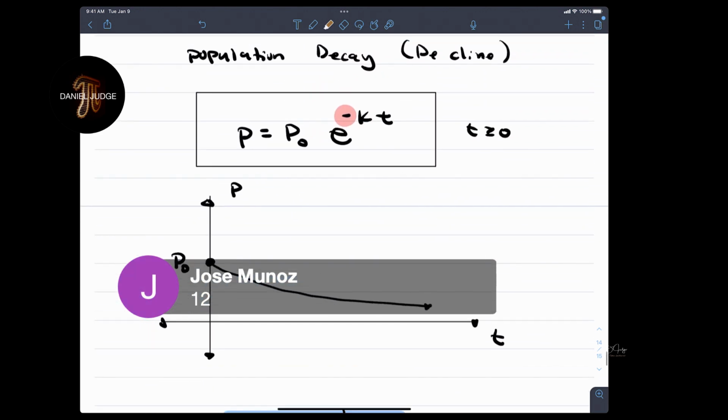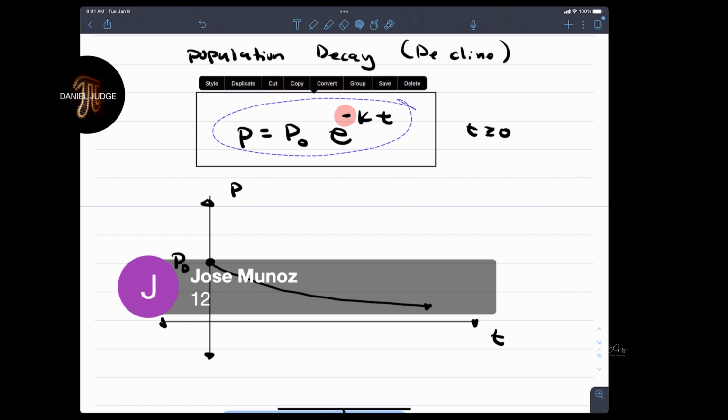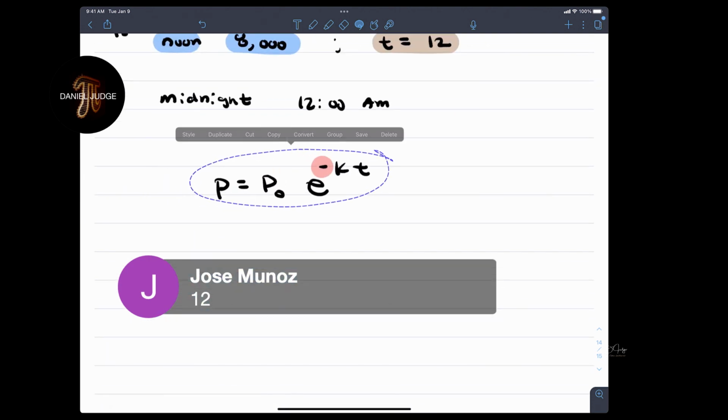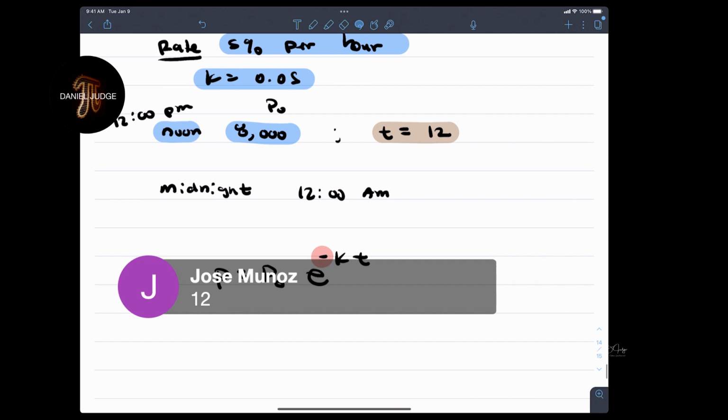Now, this is a decline situation here. So if this is a decline, what I want to remark here now is you're going to start with the 8,000 bugs population. The rate is a decline.